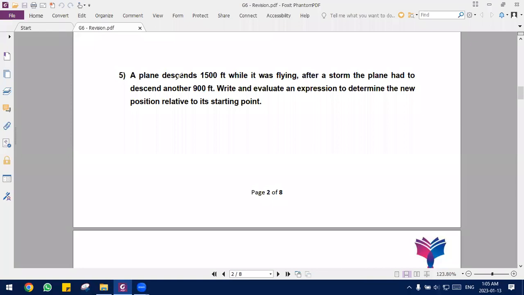A plane descends. When we say descends, it means it's going down. So descends down is negative 1,500. And then after a storm, it descends again 900. Now find the location of the plane compared to the starting point.